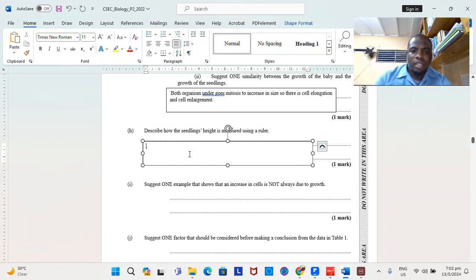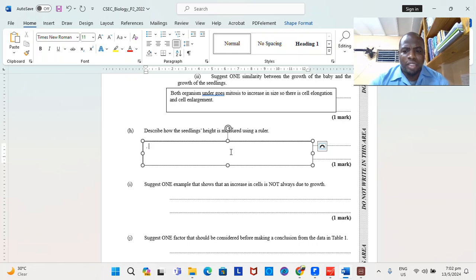It says, part H says, describe how the seedling height is measured using a ruler. So one way, if you have the seedling, of course, you're going to be placing the ruler at the base. If the seedling is in the soil, you would align the ruler vertically from the point at which it starts at the soil to the top of the shoot, and you read the length from the ruler and record it.